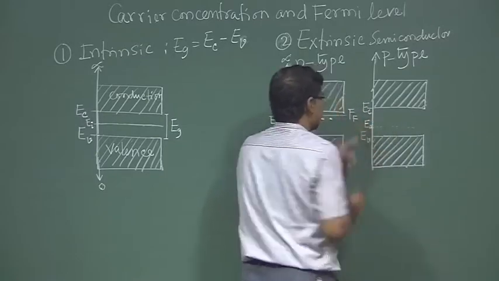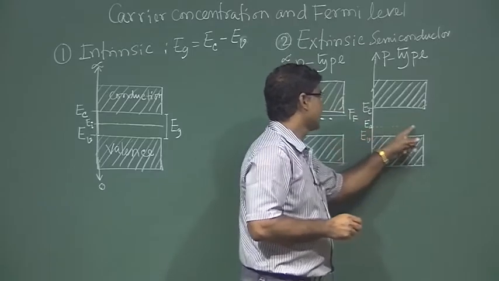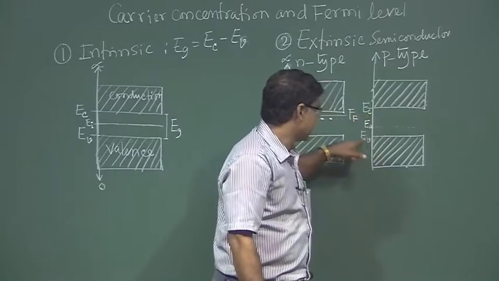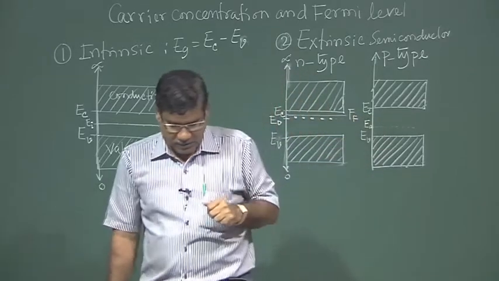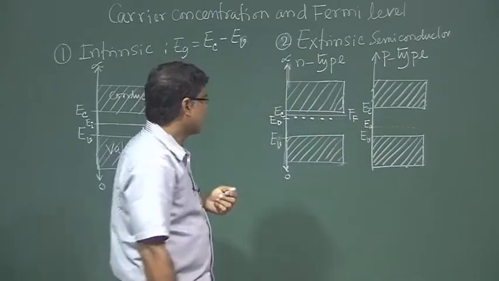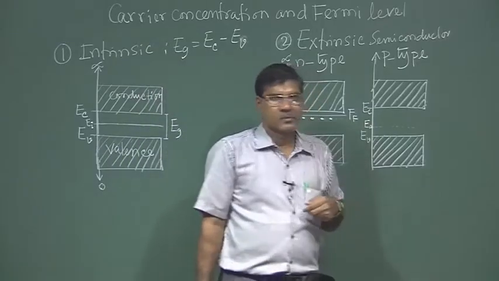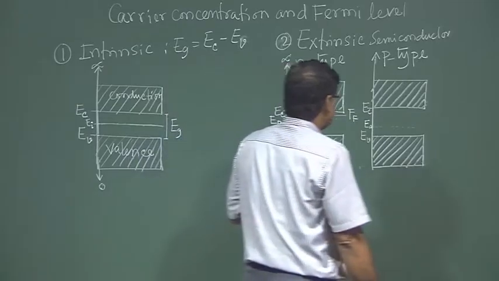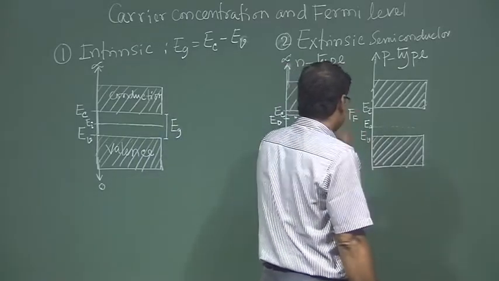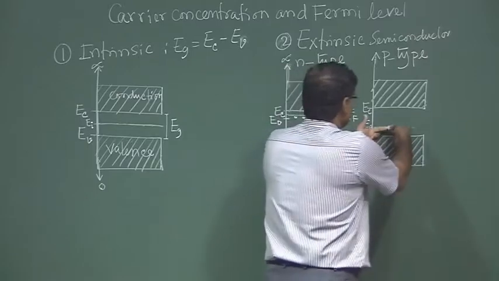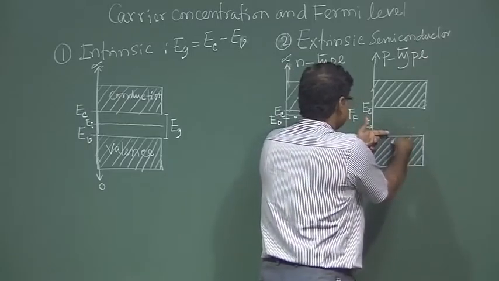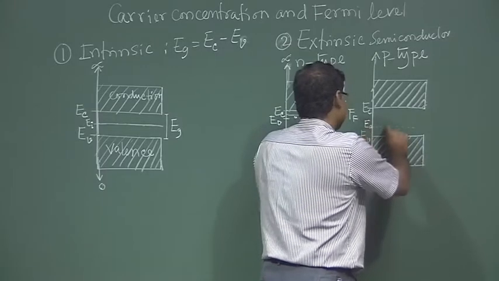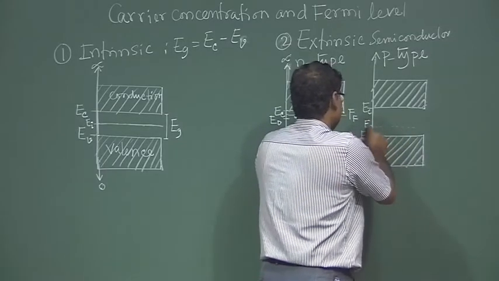Again the energy difference between EV and EA is very small, in the range of 0.01 to 0.03 electron volt, okay. Here the electron is accepted from the valence band, so the exchange is between EA and EV.